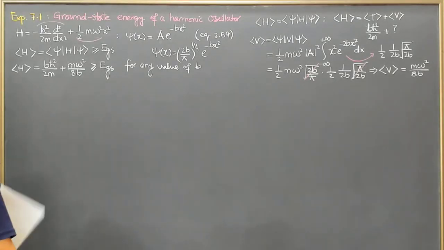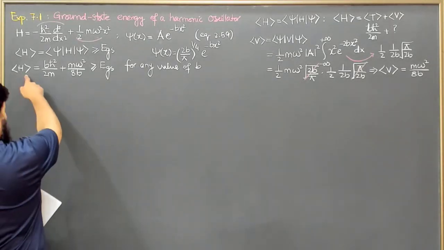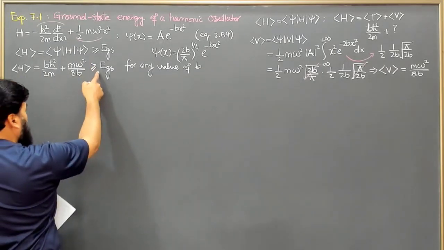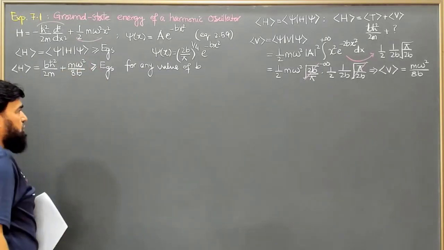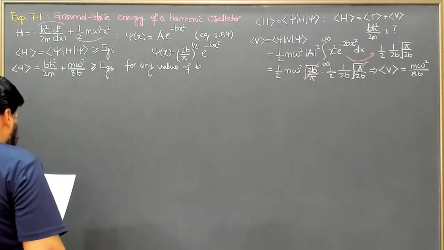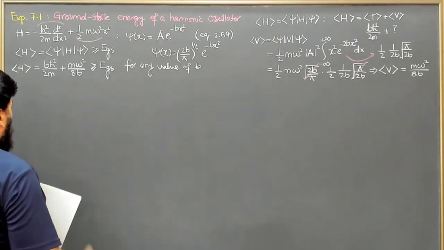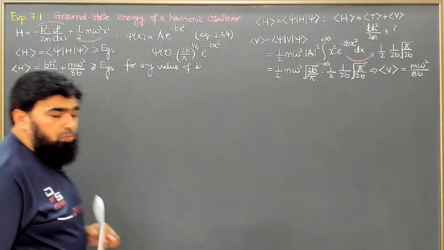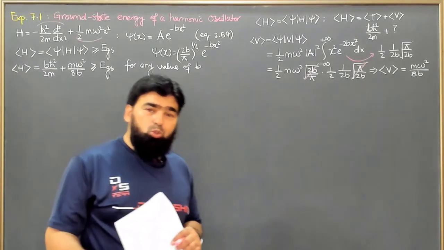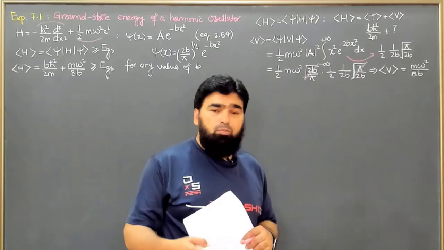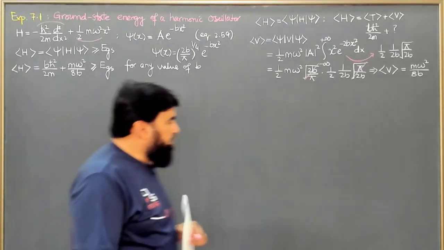So now, is this H coming out to be equal to or greater than E_gs? So we can minimize this thing. We can minimize the value of H in order to go to the minimum possible value of energy.